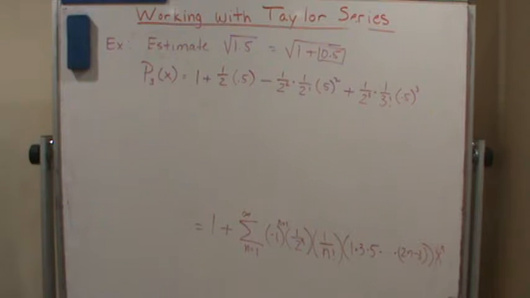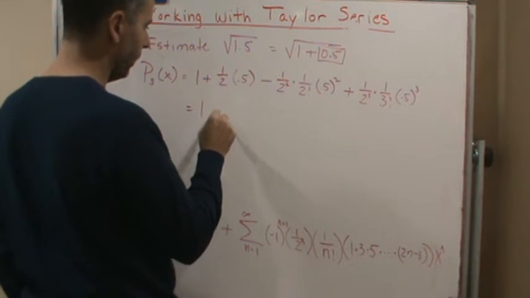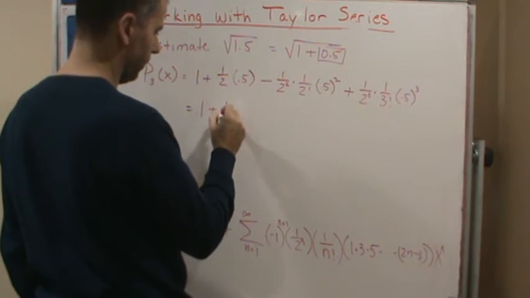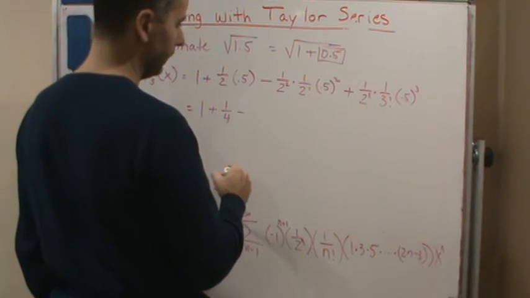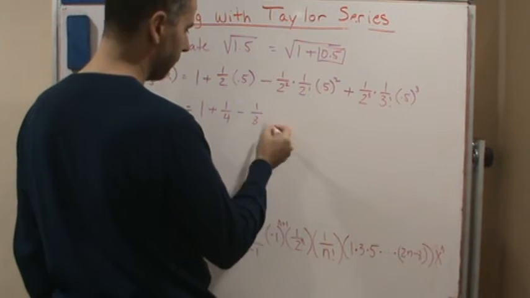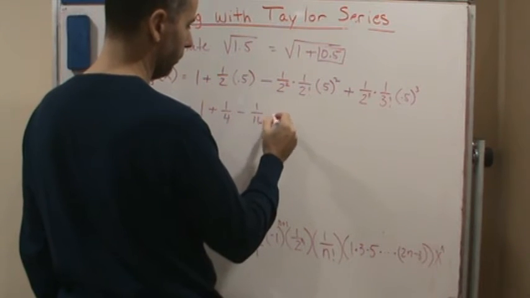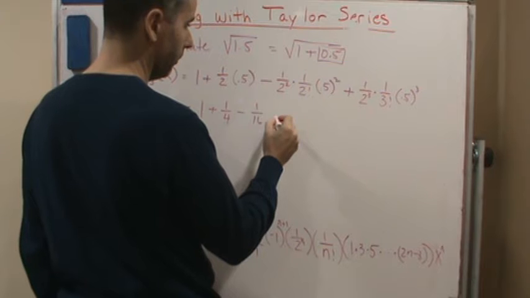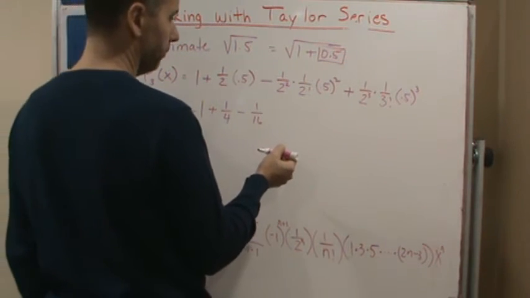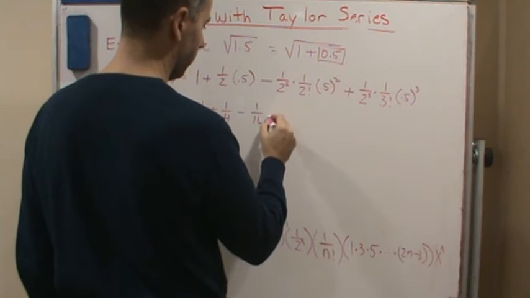And so, of course, you can easily do this in your calculator, but this is going to be 1 plus 1/4 minus 1/8 times 1/2, which is 1/16, times 0.25, which is 1/4.